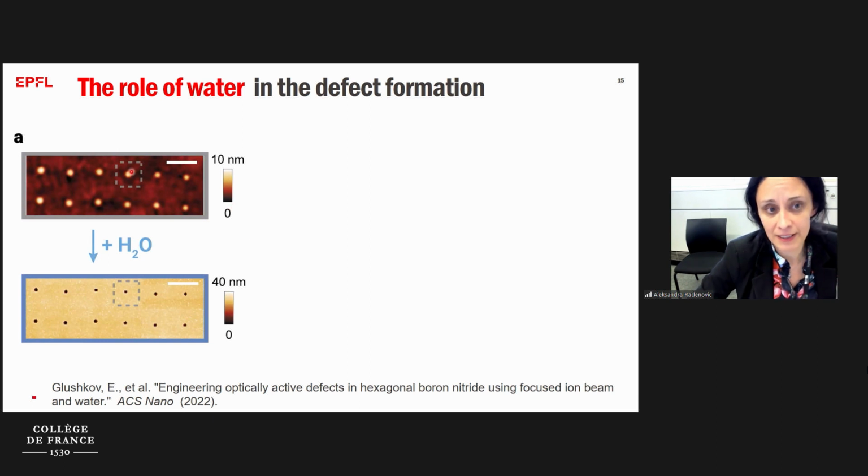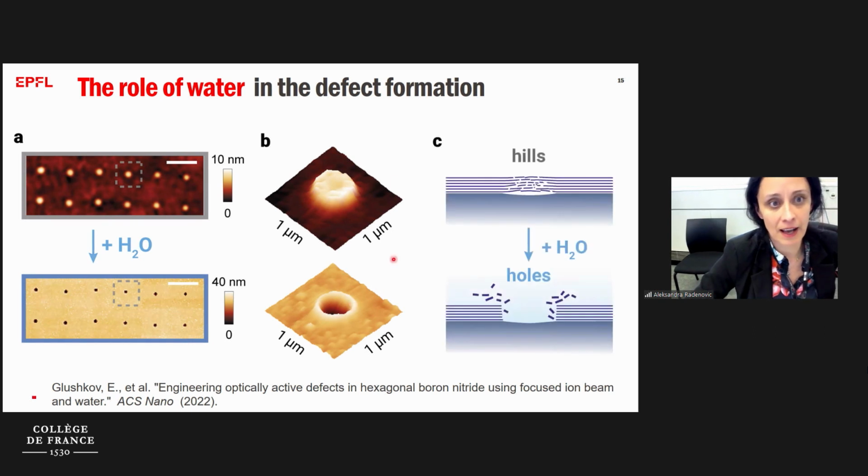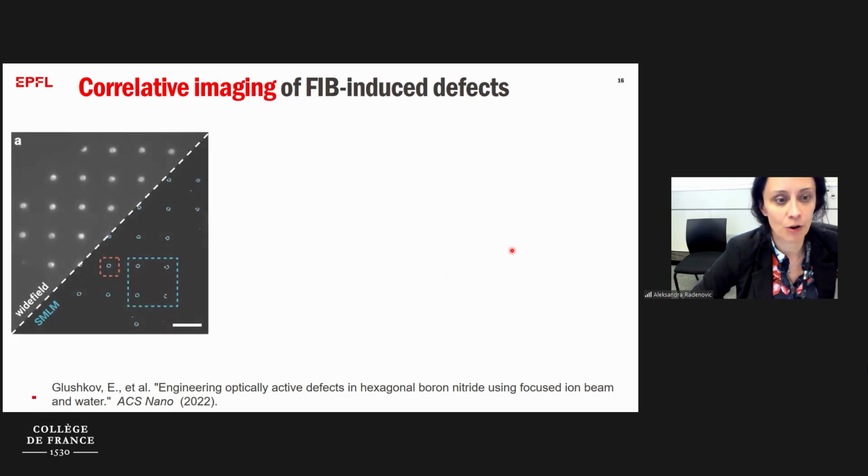But if we leave this type of material in the water for a sufficiently long time, we have a transition from such hills to holes. The underlying mechanism is that our focused ion beam of xenons that interact with the material doesn't have a sufficient dose to remove material, but just mechanically compromises the material. Being immersed in the water, this leads to dissolution of the hexagonal boron nitride and formation of the holes.